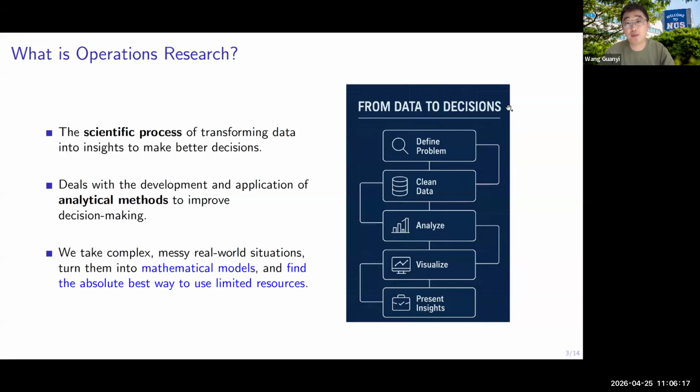So this is a very brief path from data to decisions, and a brief definition of operations research includes all these five parts.